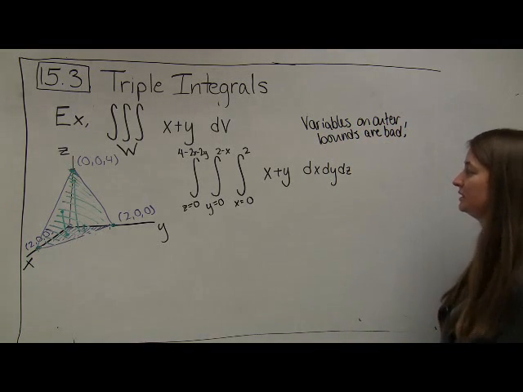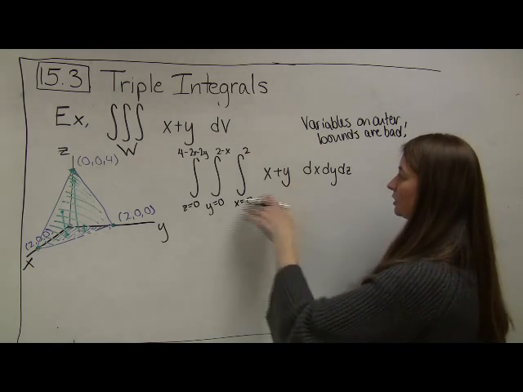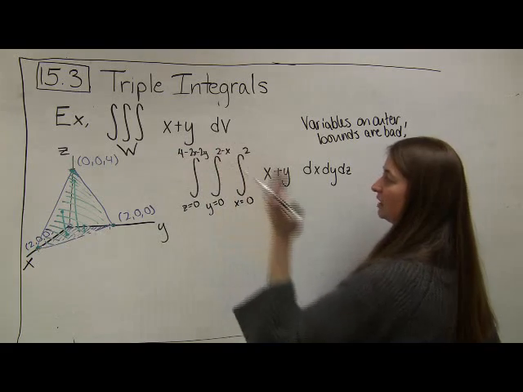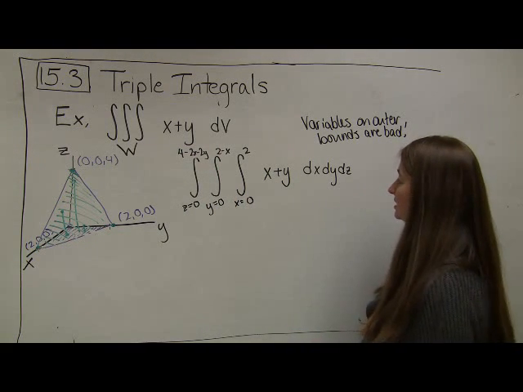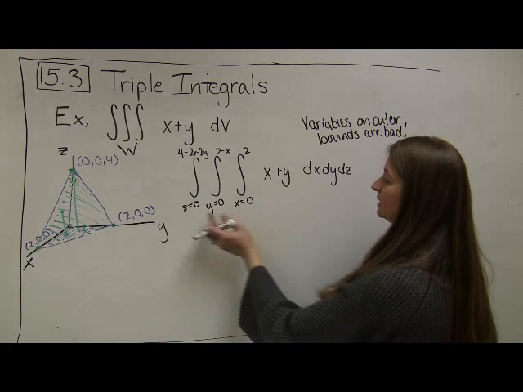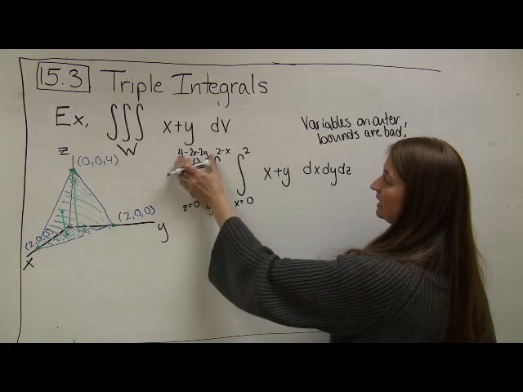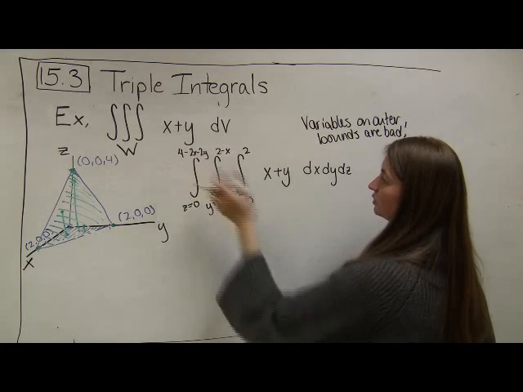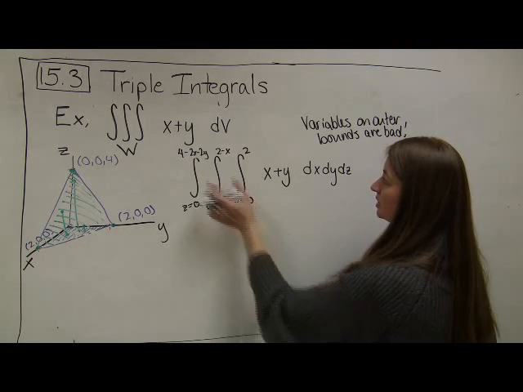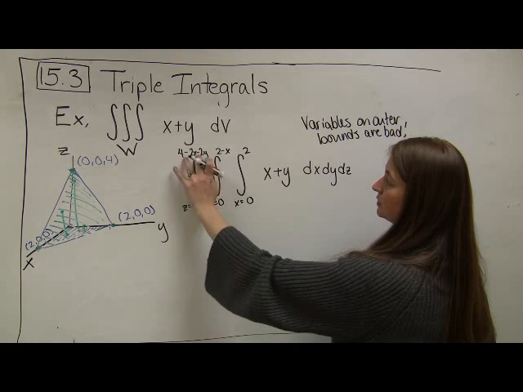And maybe I'll have you step through this in your homework, that if I actually were to go step by step and do this integration in this order, my final solution would have lots of x's and y's in it. And that's not really what we're looking for. So instead of integrating in this order, I'm going to integrate so that each subsequent outer integral has fewer and fewer variables. So the z bounds have the most number of variables.